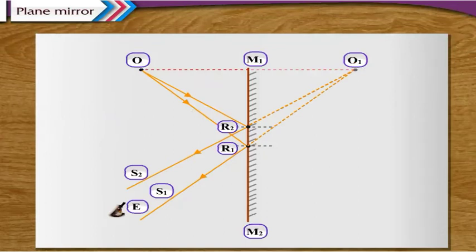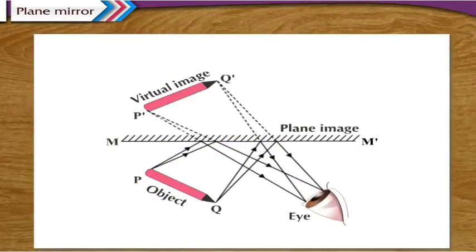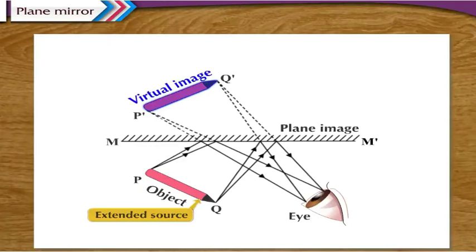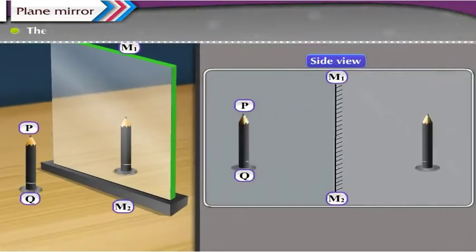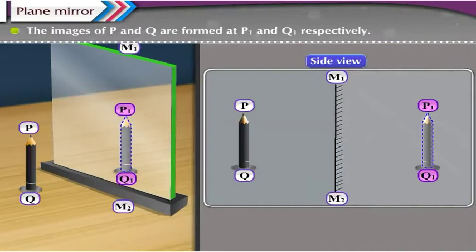Let us now understand the formation of image of an extended source in a plane mirror. If we use an extended source instead of a point source, an image is formed of every point of the source, thereby forming an extended image of the whole source. Let us consider an extended source PQ kept in front of the mirror M1, M2. The images of P and Q are formed at P1 and Q1 respectively.